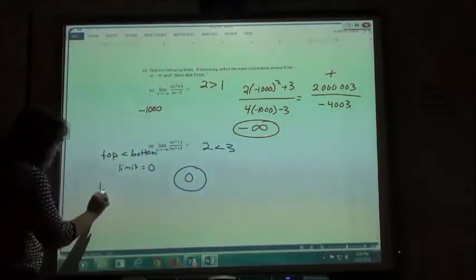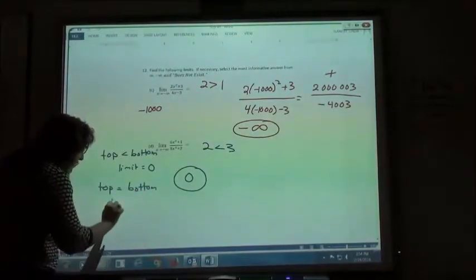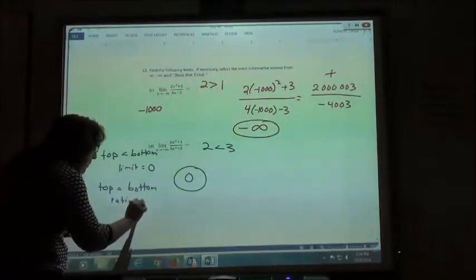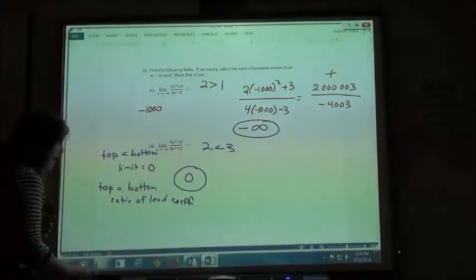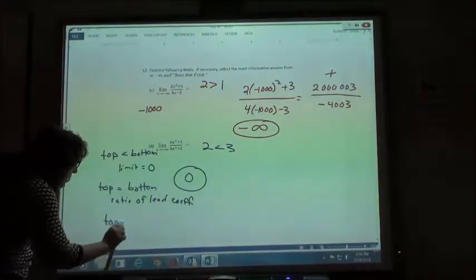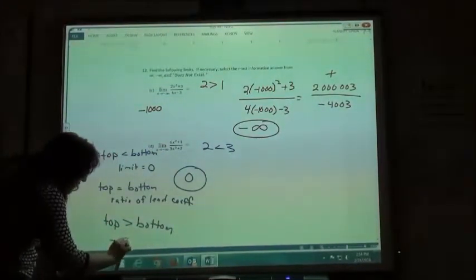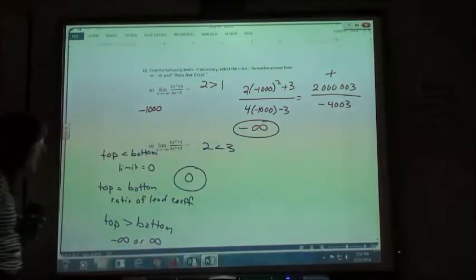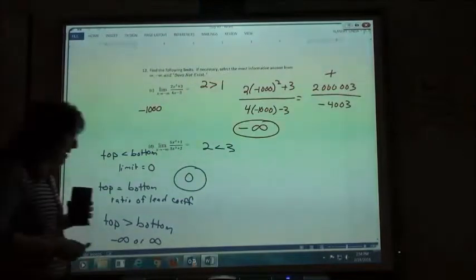If the top equals the bottom, you have the ratio of the leading coefficients. And if the top is greater than the bottom, you're going to get negative infinity or positive infinity, and you're just going to substitute in a really big number or a really small number and check to see what the sign of your answer is. That's going to tell you if you're at a positive infinity or a negative infinity.